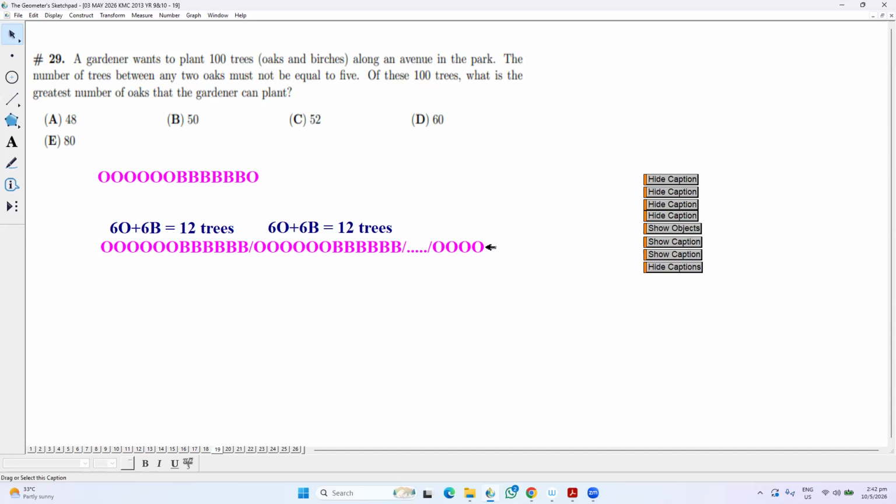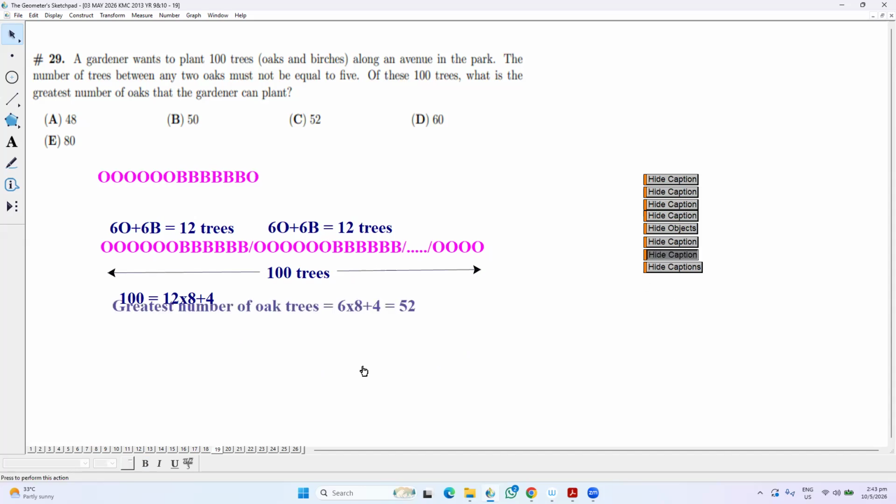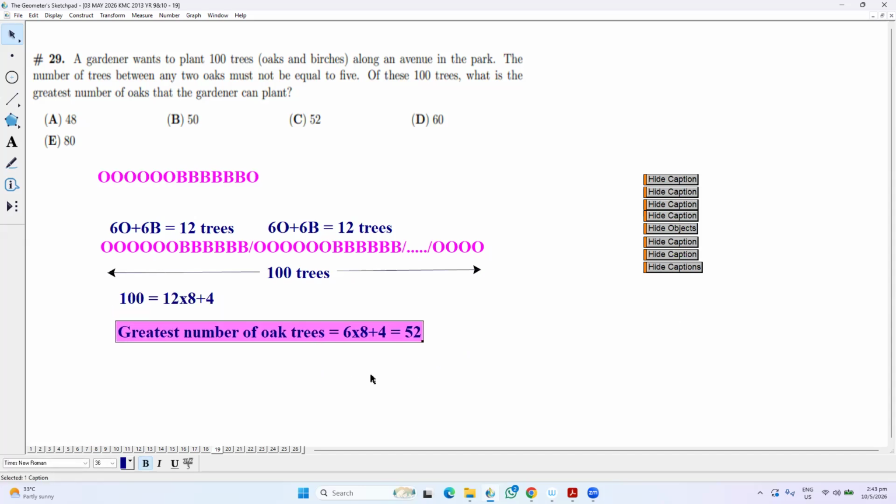The last 4 trees you can put oak, because the last group is B, B, B, B at the end, so you can put O, O, O, O. So we calculate, of the 100 trees, we got 100 is 12 times 8 is 96 plus 4. So every set of 12, we got 6 oak trees. 8 groups of 12.